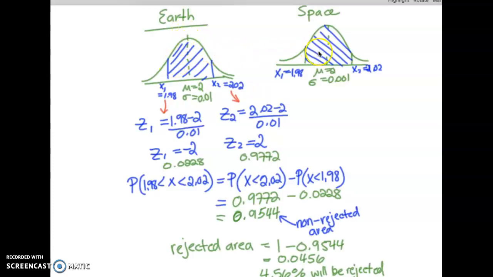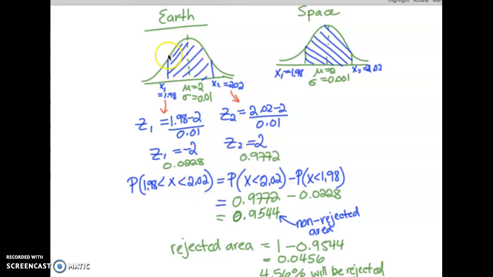So I've drawn two normal distributions, one for Earth and one for space. Okay, so both of them go between 1.98 and 2.02, but the difference between them is really just the standard deviation. Okay. So because we're trying to find between two values, we need to find the z-score for each of those two values, and then the probabilities that match.